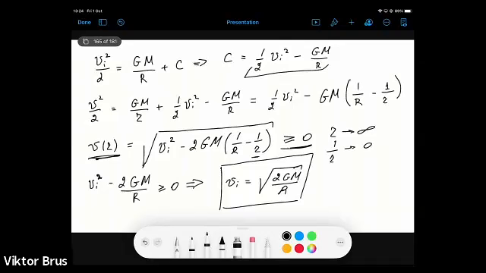So now let us derive this equation for escape velocity again, which you should try to remember. We will compare later by applying the concept of conservation of mechanical energy.